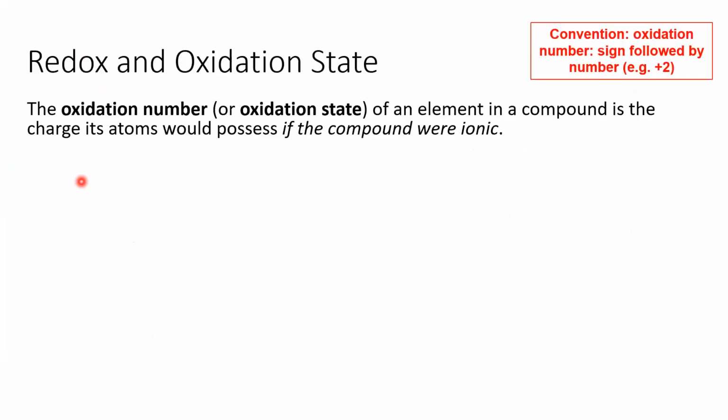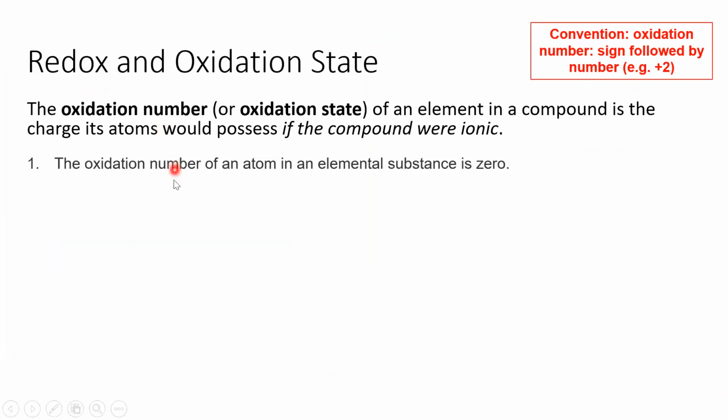When we talk about oxidation states or oxidation numbers, they're essentially a way for us to keep track of electrons. We're going to have some rules for identifying the oxidation number for every atom in a compound. The first rule: if we're looking at an atom that's not in a compound, all by itself, the oxidation number is 0.